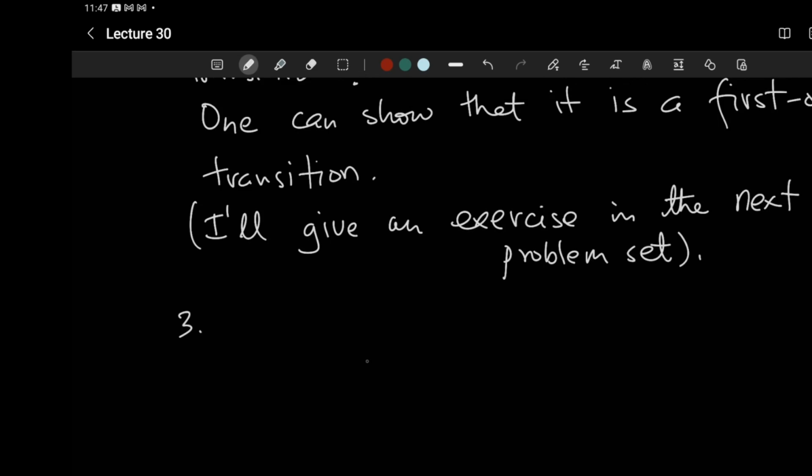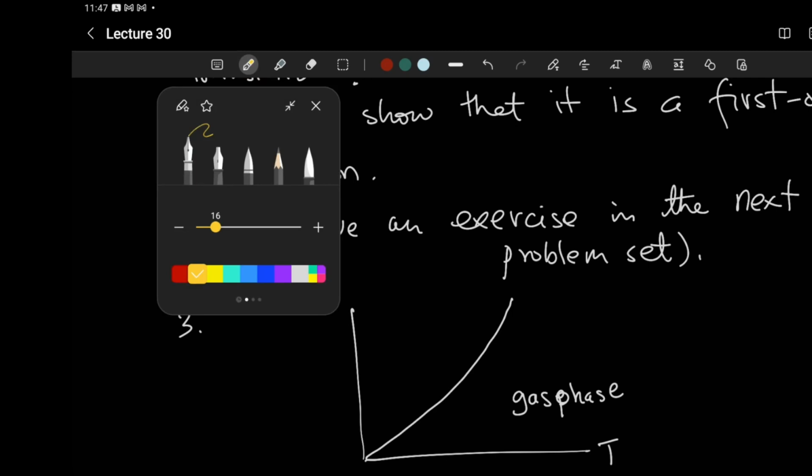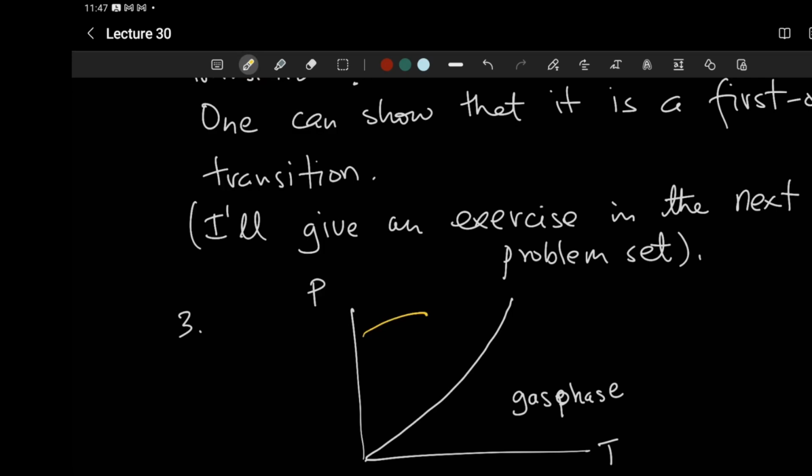We can draw the PT diagram. It goes like this. So here is the gas phase. The key point here is, let me change color for a moment, there's nothing in this region.